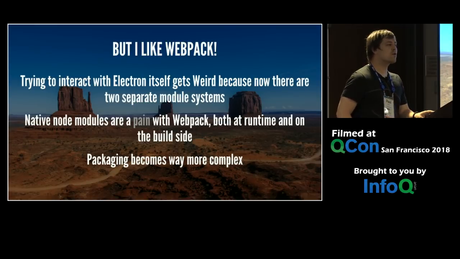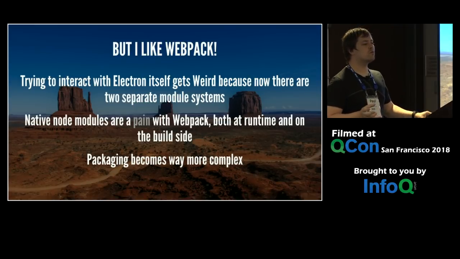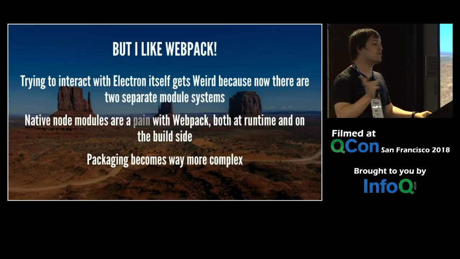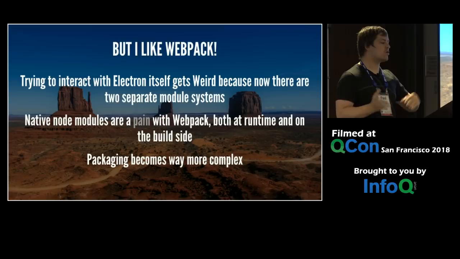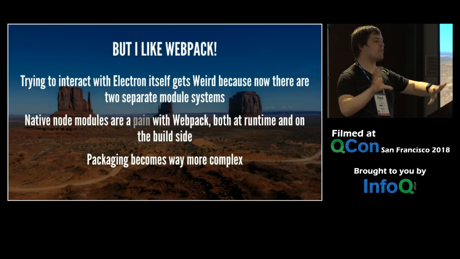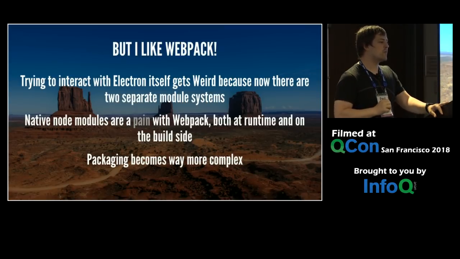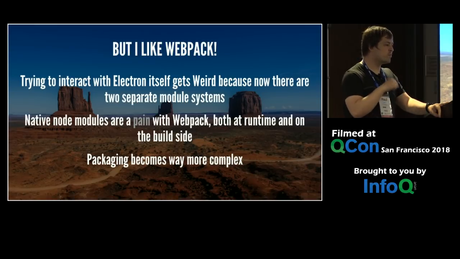Because when you bundle all these things with Webpack, you're writing require statements or import statements in your code, and Webpack is taking all those import statements and mushing them together and creating this one giant file called myapp.js. So it has this concept of require, and it implements require because it implements modules.